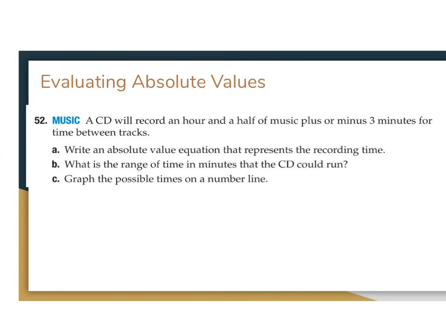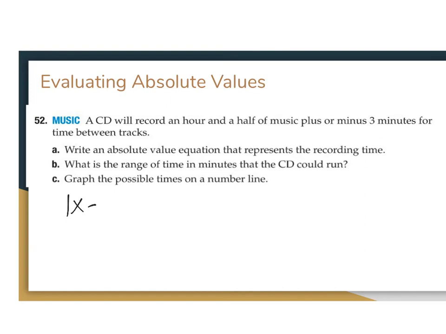This is practice problem number 52, and you will have one assigned similar to it, number 53. So let's work through this together. Write an absolute value equation that represents the recording time. Now we know our equation. In this case, we have x minus our midpoint, which is 1 hour and a half.